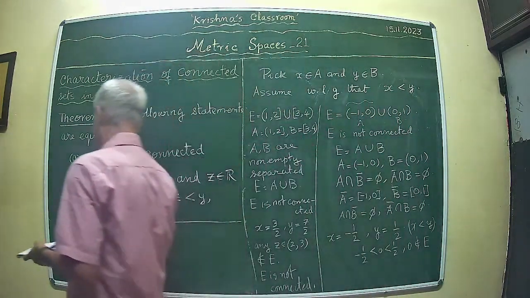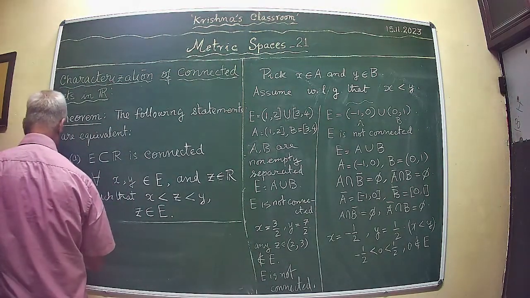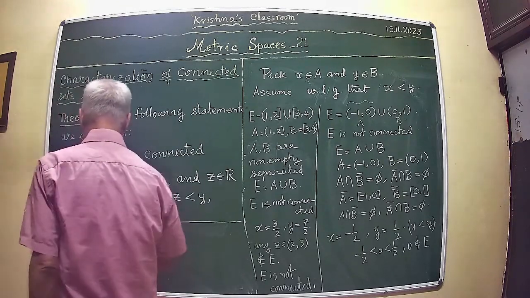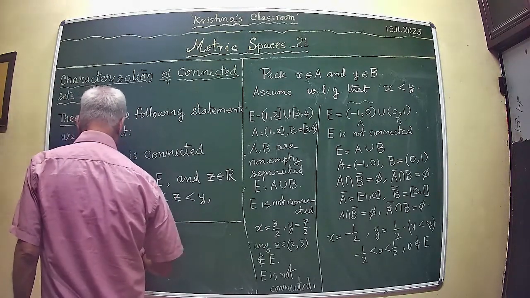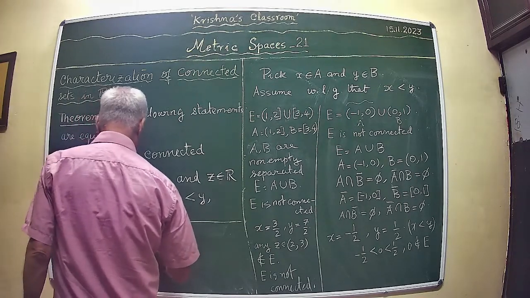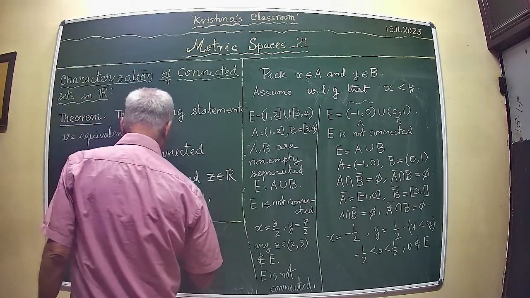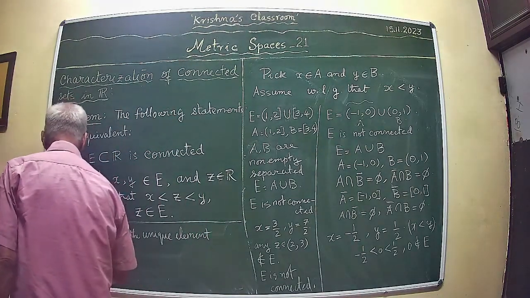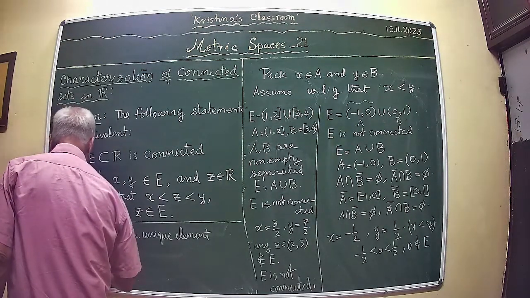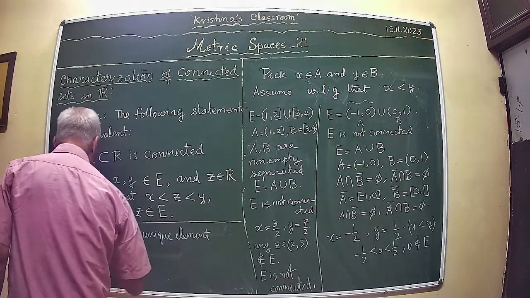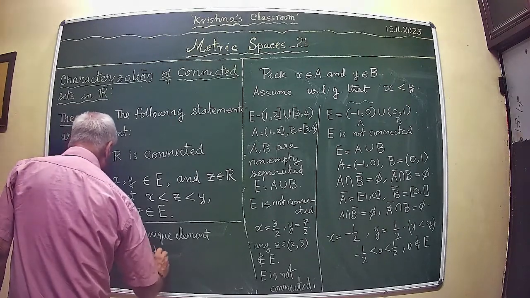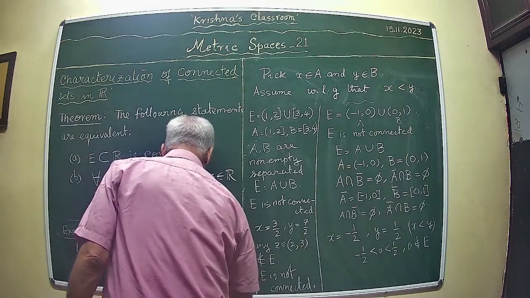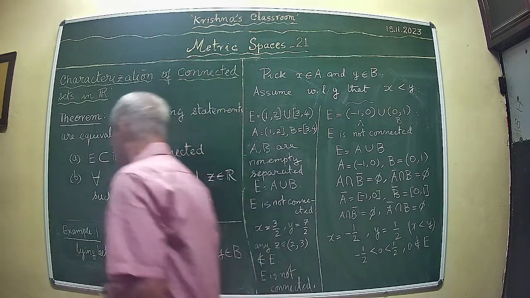So in the example 1, there is no element lying between x belonging to A and y belonging to B, which is not in the set.